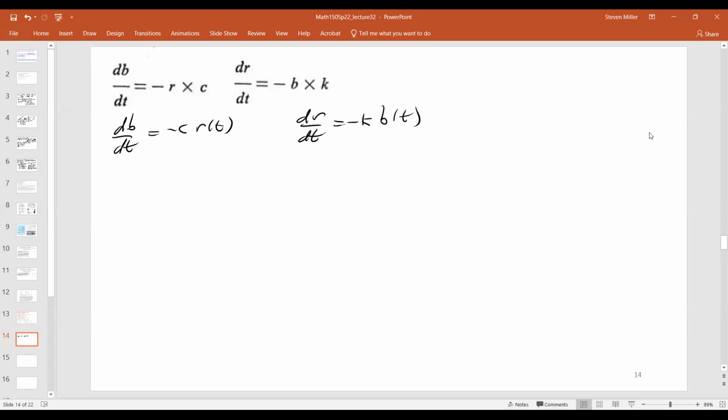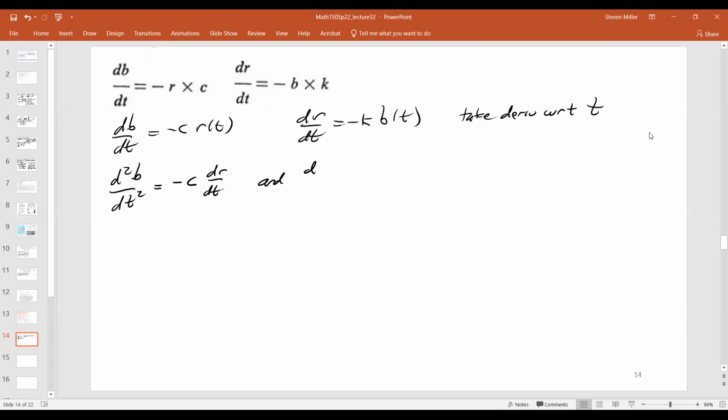Okay, with respect to what? R? No, R is not one of my variables. T, right? Take the derivative of both sides with respect to time. So I would then get d squared b dt squared. Well, minus c is a constant, so it's just going to be dr/dt.